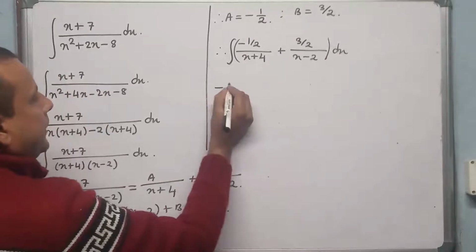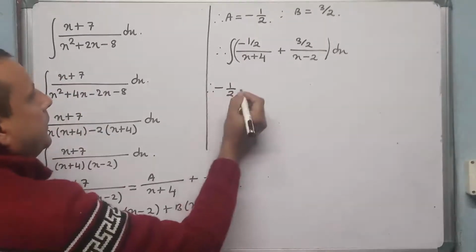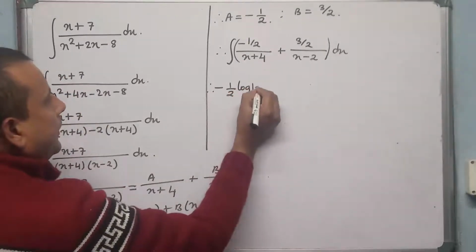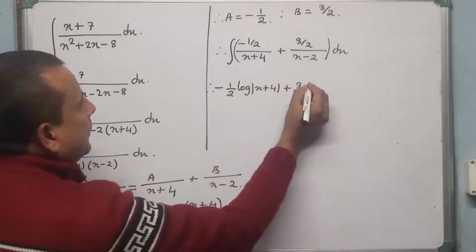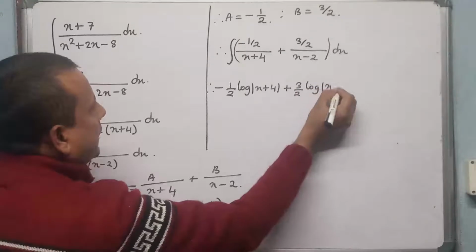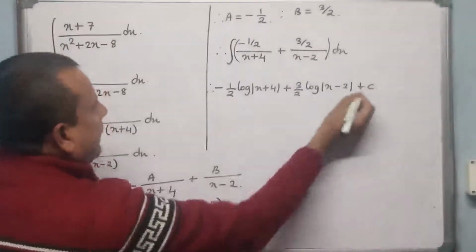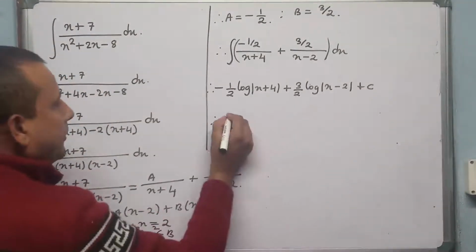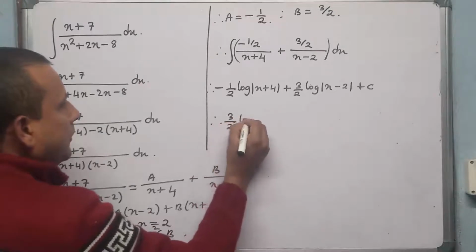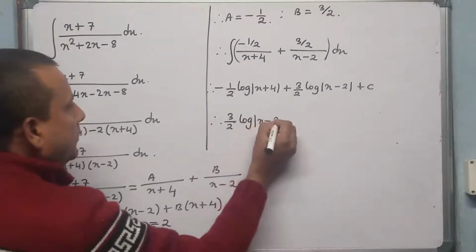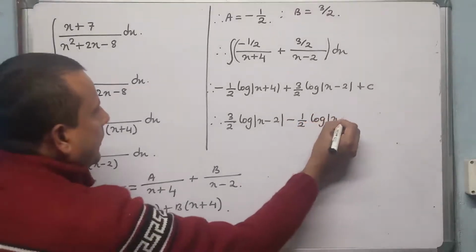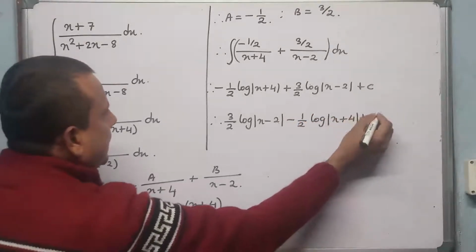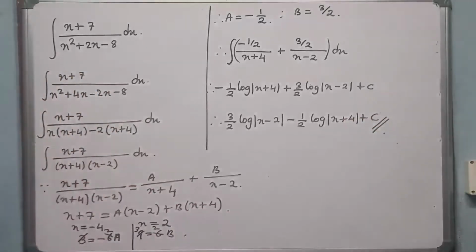The answer will be minus 1 by 2 log of x plus 4 plus 3 by 2 log of x minus 2 plus c. Therefore, the final answer, I'll write first the positive quantity, 3 by 2 log of x minus 2 minus half log of x plus 4 plus c. This is your final answer.